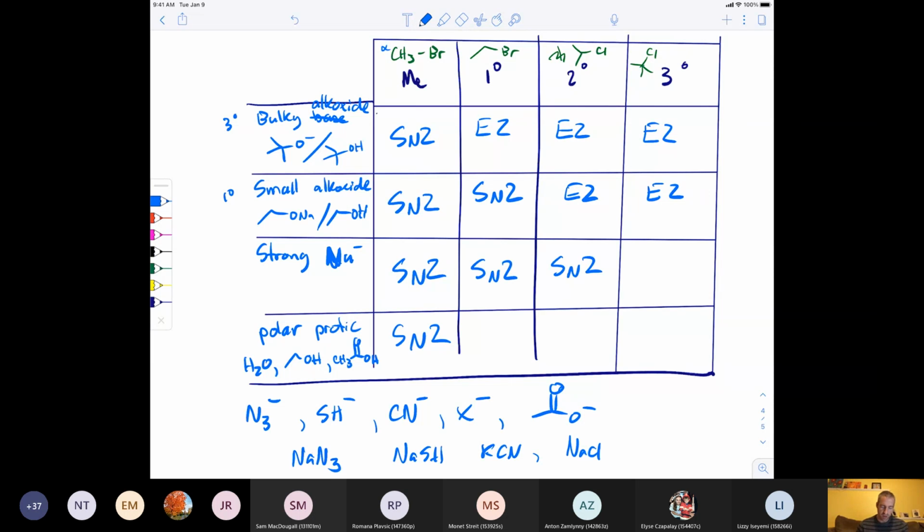The back end of this molecule that the nucleophile has to attack is getting increasingly blocked up. So tertiary alkyl halides cannot do SN2s. It's just too bulky on the backside. It's not going to do elimination because we don't have a strong base. So what these are going to do instead is SN1 for lack of any other options.